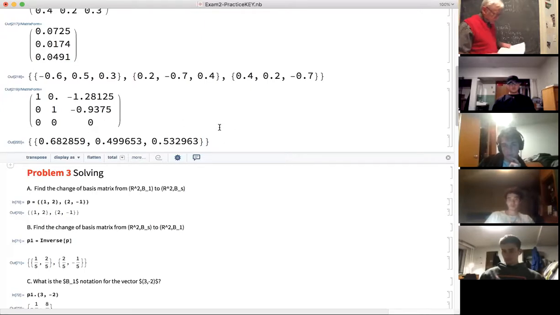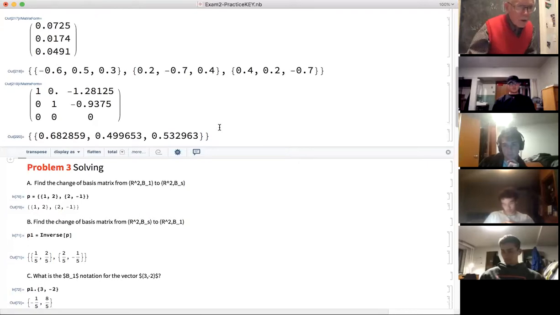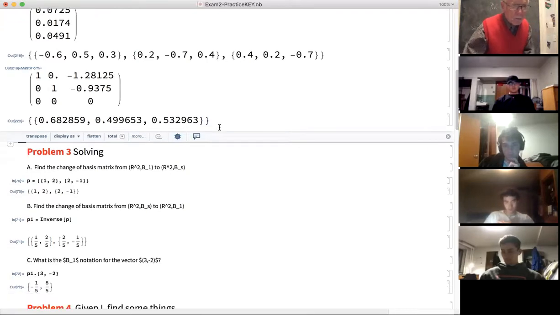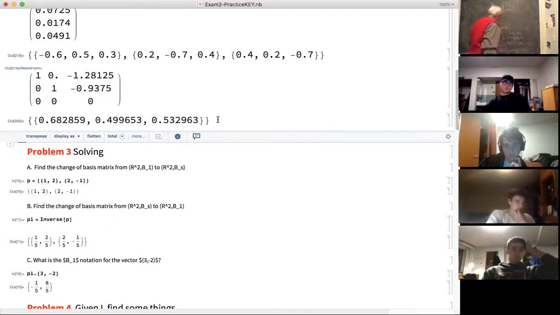The null space command, which I don't know if you've been using, gives you a basis for the null space that you're looking for. So that last line there is an alternate basis for this vector space.